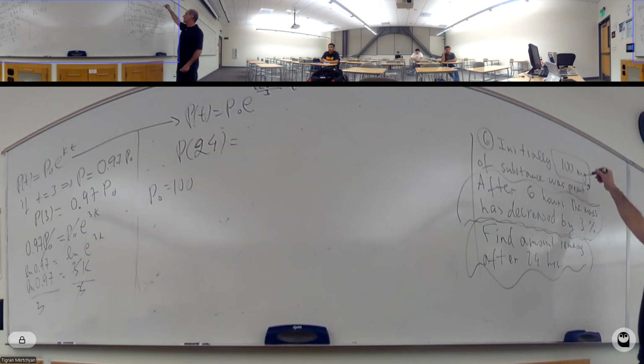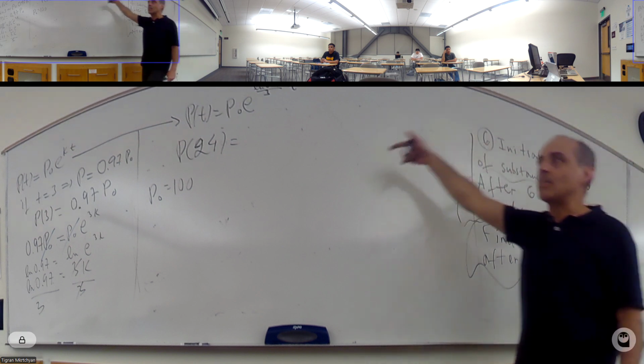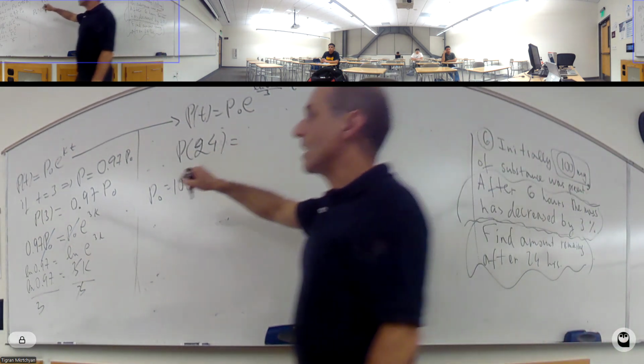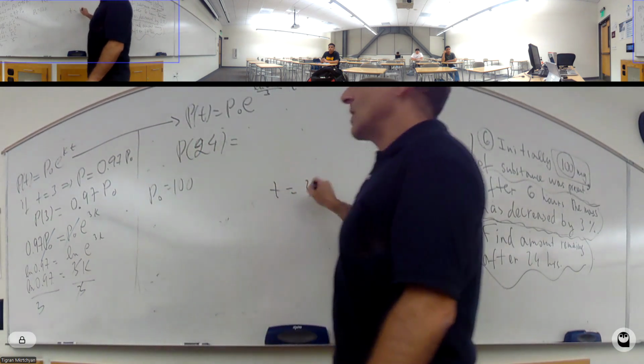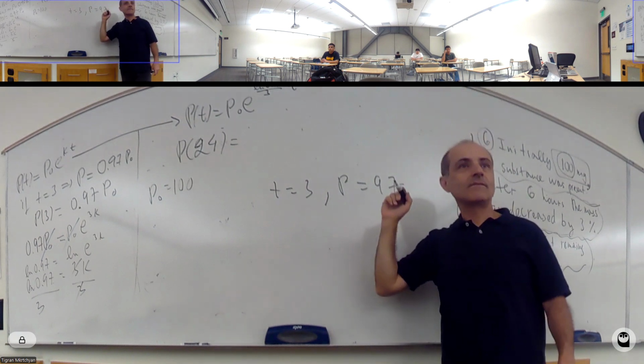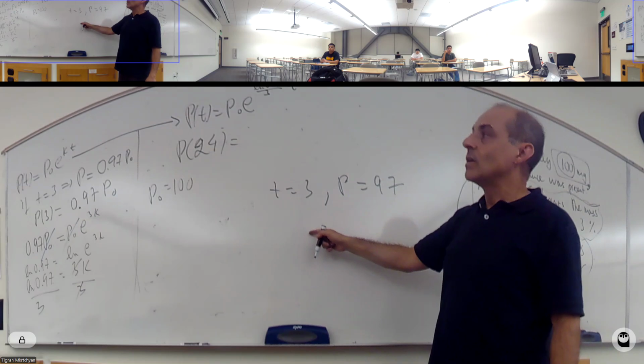If 3% is gone, then only 97 is left. So I could have said t equals 3, P equals just 97. Do you understand that? Then I could write what?